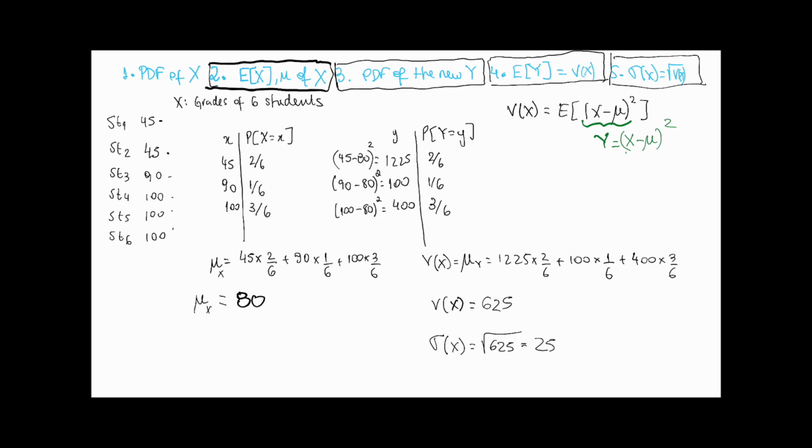Let me get rid of these boxes because they're ugly. 5 little steps. And the steps obviously depend on learning how to derive the PDF of new variables.